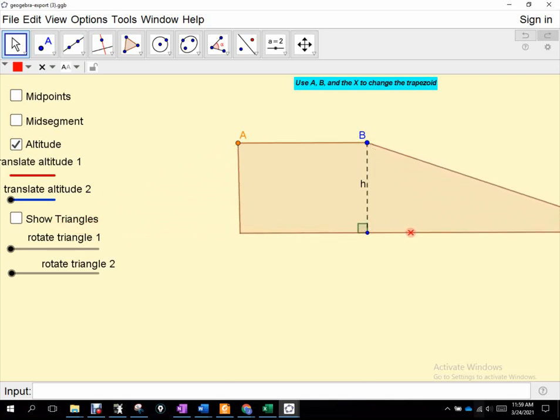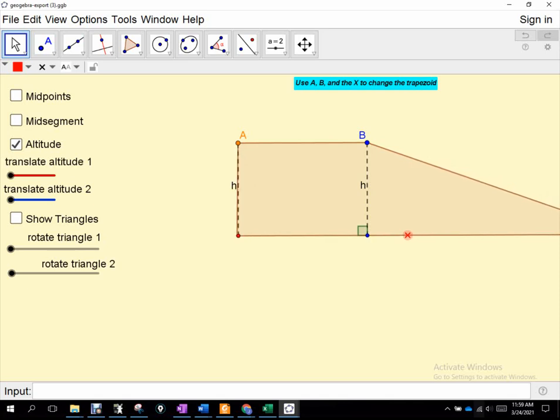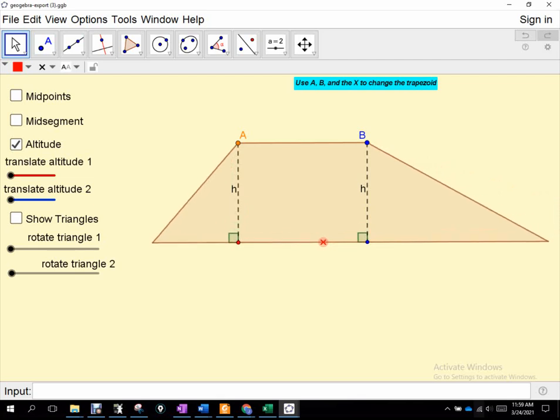This would be kind of a bizarre trapezoid, but still a trapezoid, okay? We can have a right trapezoid as well, okay? So we can do all these things, but I want to show you with this, and if we can show it with this one, then it's going to be true for all of them, okay?